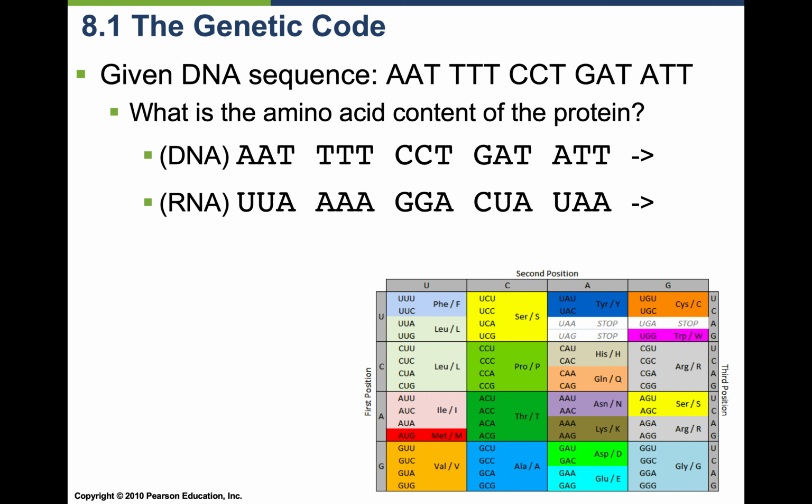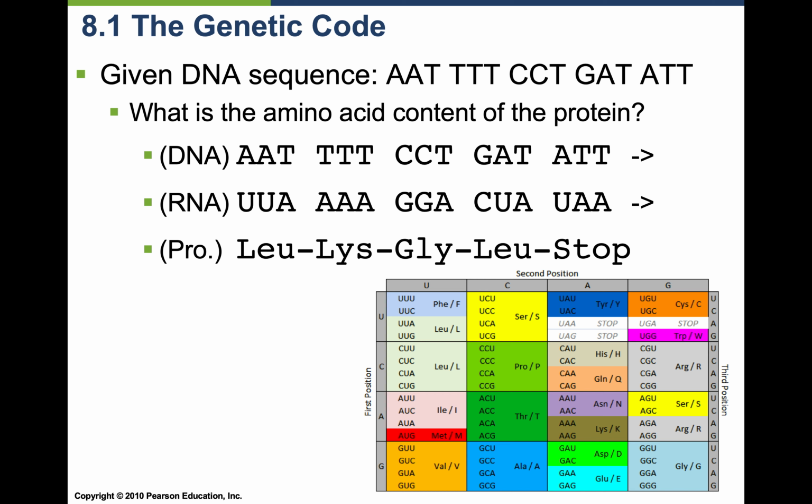So essentially you should have UUA, AAA, GGA, CUA, UAA. And then the subsequent protein should be leucine, lysine, glycine, leucine, and then it should end in a stop codon there.